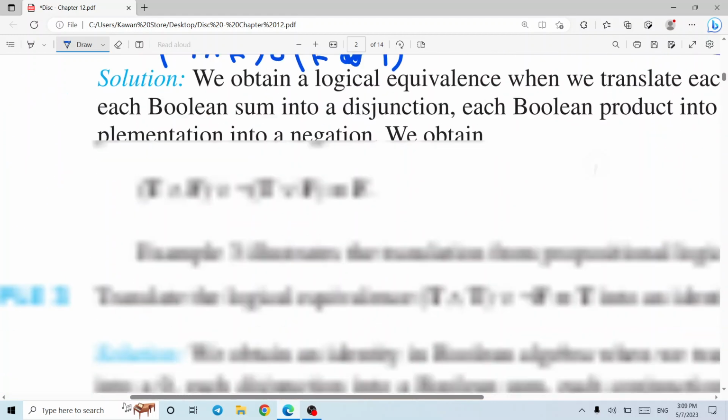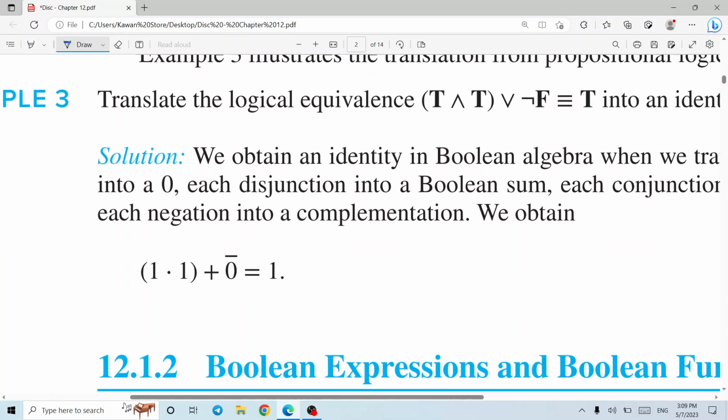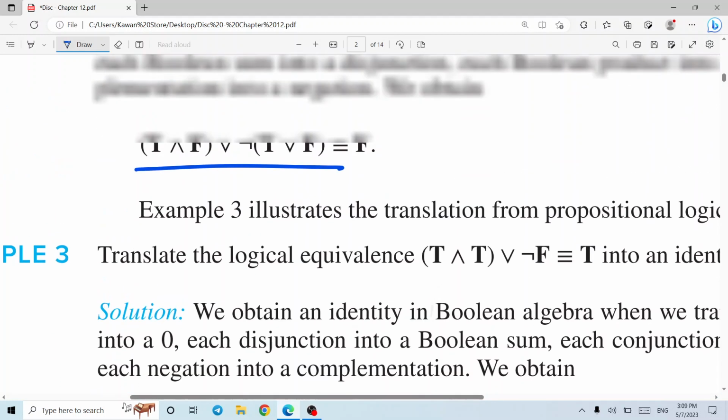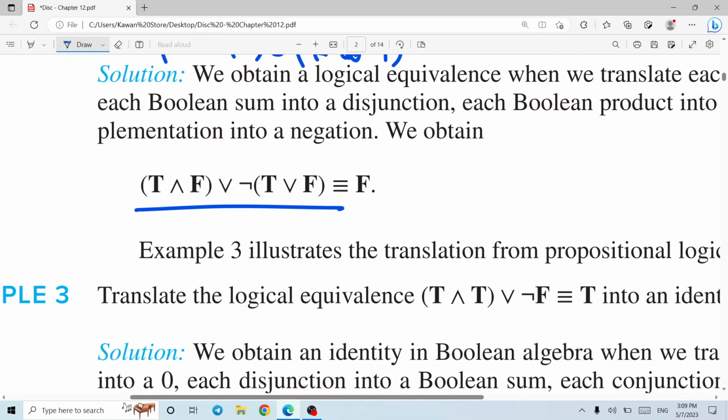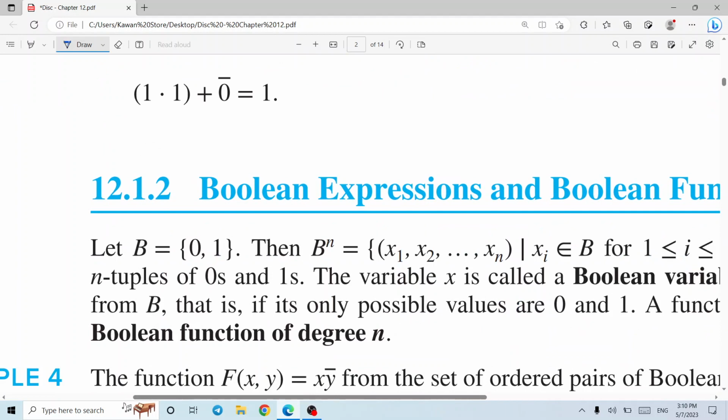And you know the result. Understood? Okay. And also, maybe you have this logic. I say, change it to the Boolean. You say 1 and 1 or 0 complement. Negation of false. And I'll get what? Of course, I'll get 1. Do you have any question? It's easy. Just write the 1 and 0 instead of true and false.